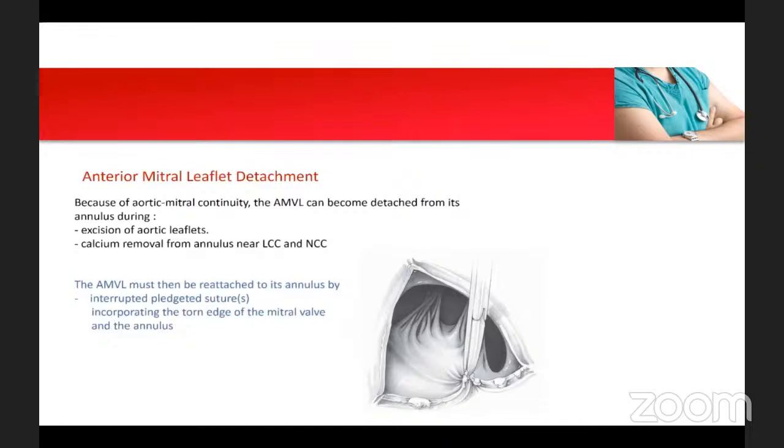If this happens, then it has to be reattached to the annulus by interrupted pledgeted sutures, incorporating the torn edge of the mitral valve and the annulus.